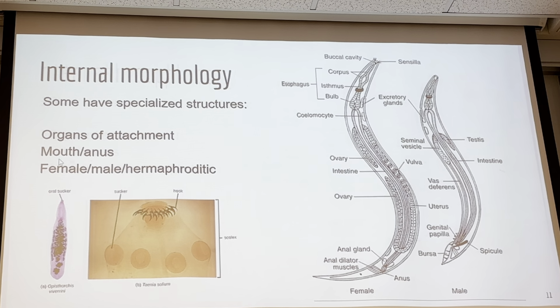Some have a full mouth and anus digestive tract, some don't. Some have organs of attachment that they can hook into the tissue, or they have suckers, some don't. Some have female and male parts in the same helminth and some don't. So just so you know, some have specialized structures that make them unique.